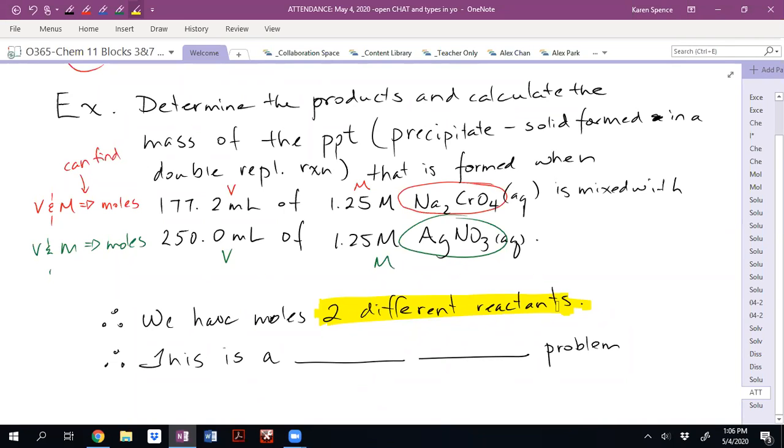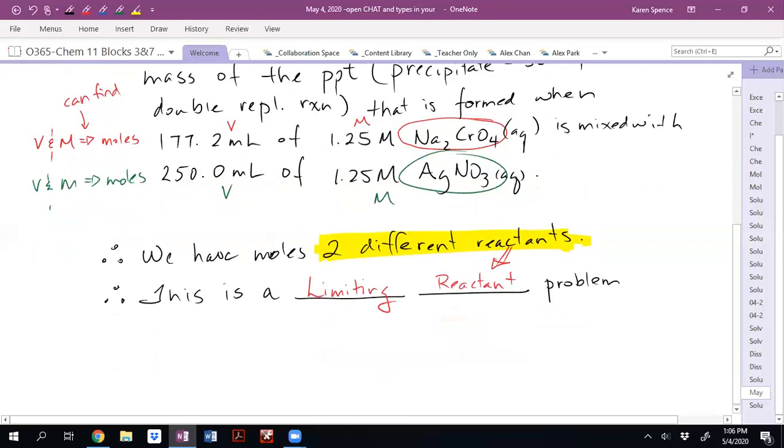It started with a C. Limiting reactant? Yes. Okay, this is a limiting reactant problem. So anytime you have two different reactants, it's going to be a limiting reactant problem.